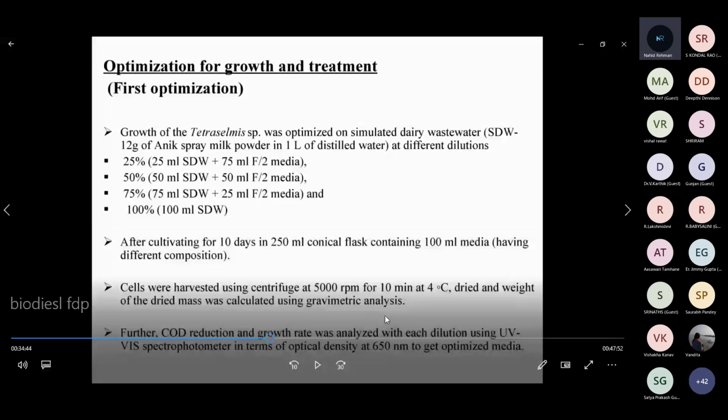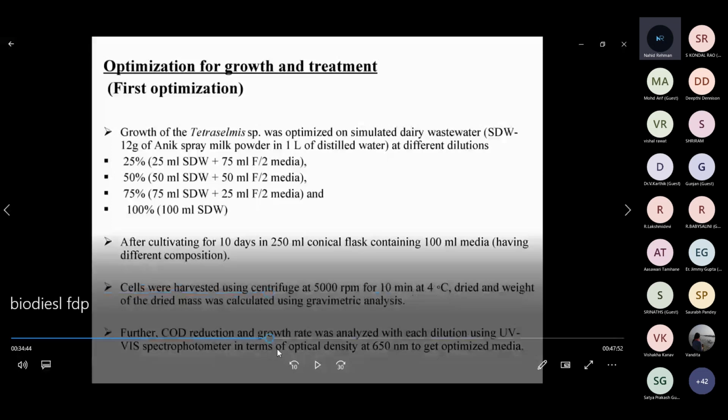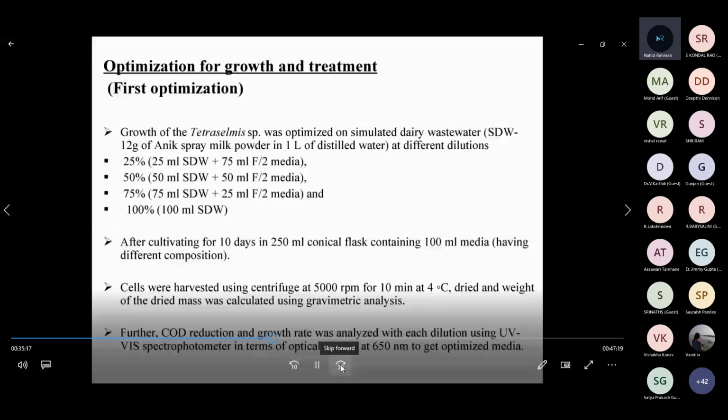Further, COD reduction and growth rate were analyzed for each dilution using a UV visible spectrophotometer by taking its absorbance at 650 nanometer. Okay, so this was the first optimization, that is, what concentration of this simulated dairy wastewater to be used in your experiments.